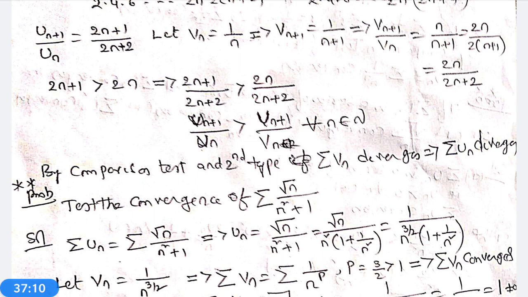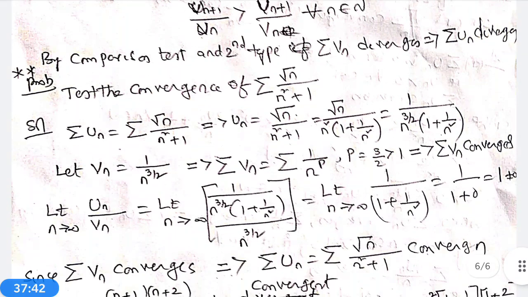By comparison test of second type, u(n+1) by u(n) greater than v(n+1) by v(n), if sigma v(n) diverges implies sigma u(n) diverges. Therefore, sigma u(n) is equal to sigma 1 into 3 into 5 into etc. 2n minus 1 by 2 into 4 into 6 into etc. 2n diverges. Very, very important problem.